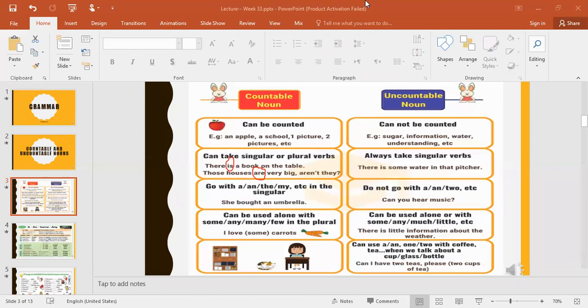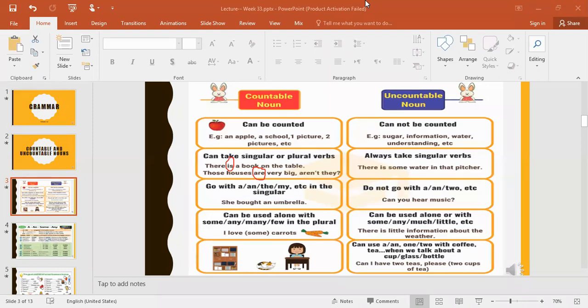In the uncountable nouns, it can be used alone or with some, any, much, little. But how? For example, if I said there is little information about the weather. The last point in the uncountable nouns is that we can use a, an, one, two with coffee, tea when we talk about a cup, glass, or bottle.